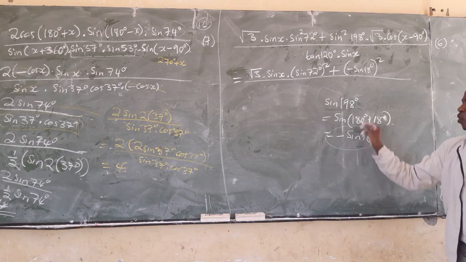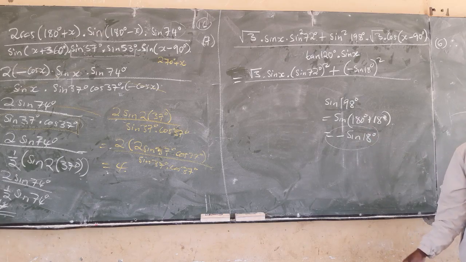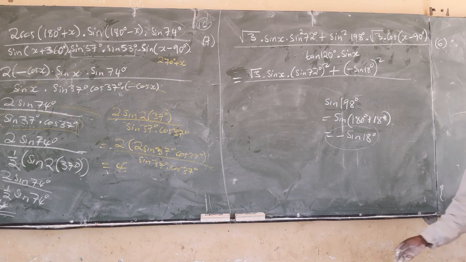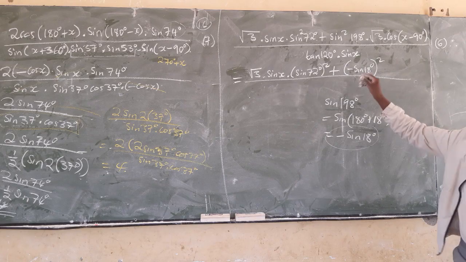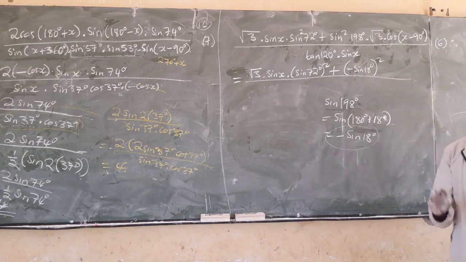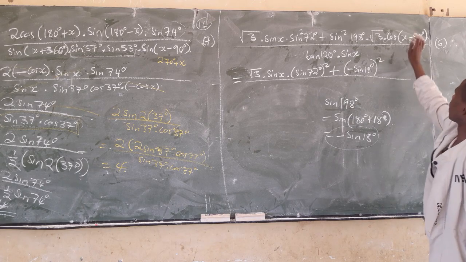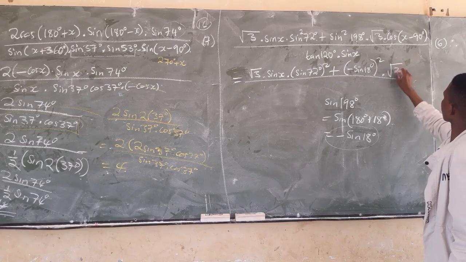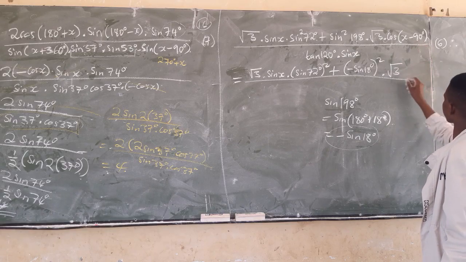Yes, that one. So just write your things clean. Right, multiply by square root of 3. Now what do you get here?